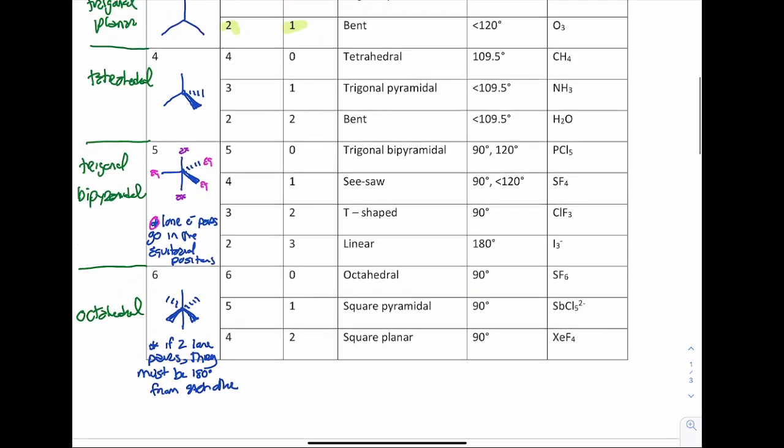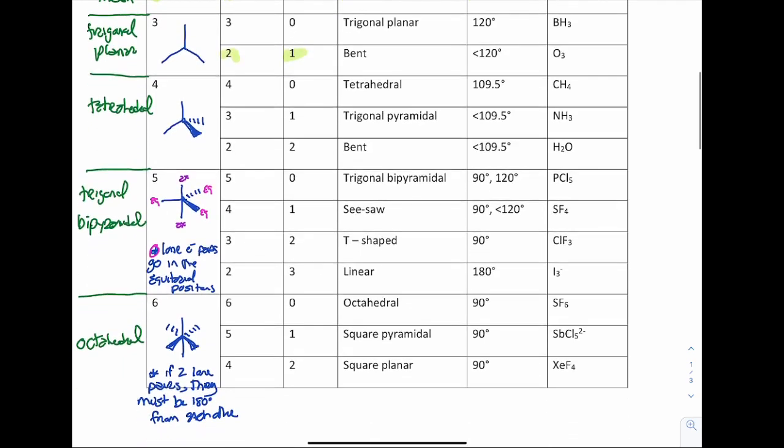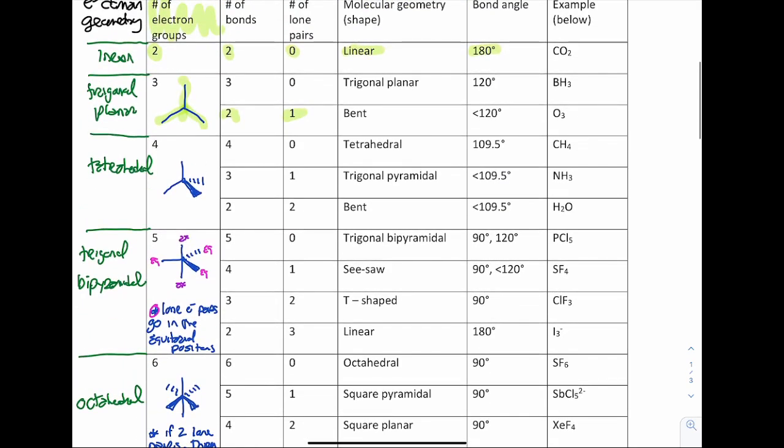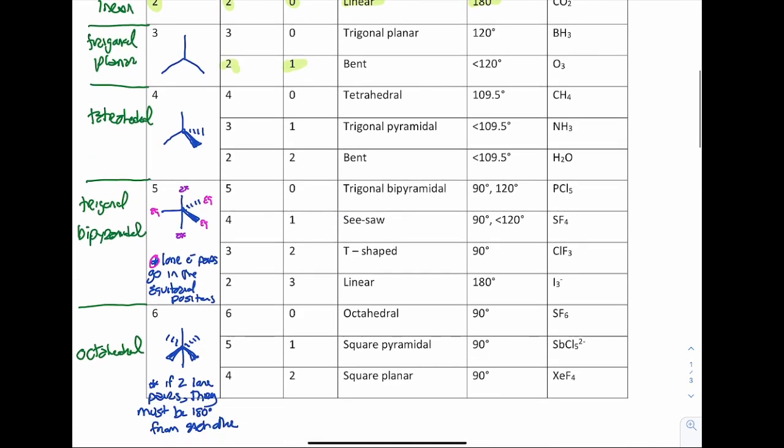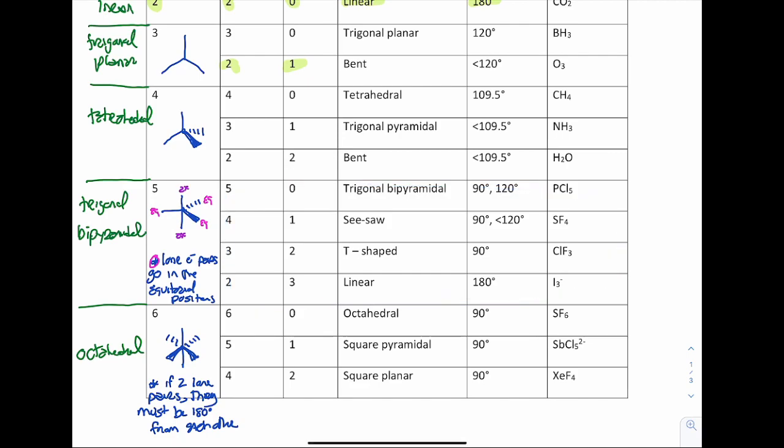So again, the easiest way for me to learn these is to really just remember this column right here, the number of electron groups, and then remember these basic structures. If I look at the trigonal bipyramidal ones, you're taking all of this and narrowing it down to that one little picture. I think it's a lot easier if you can do that.